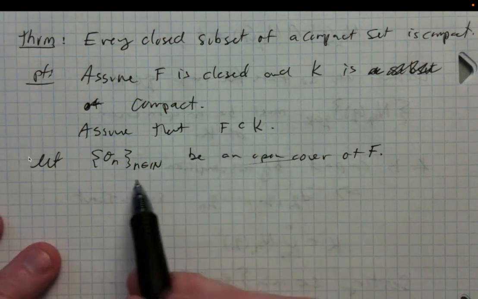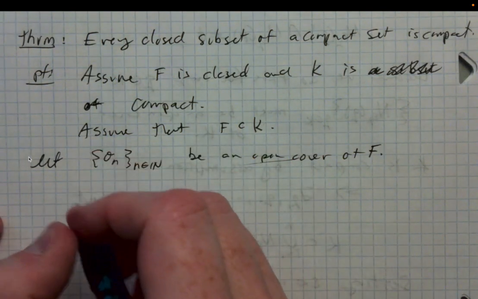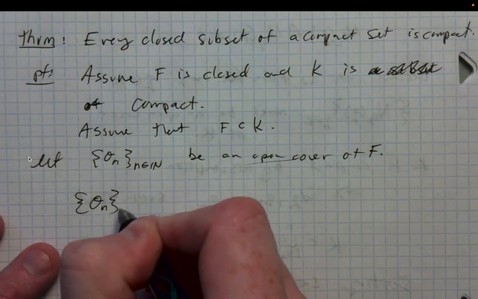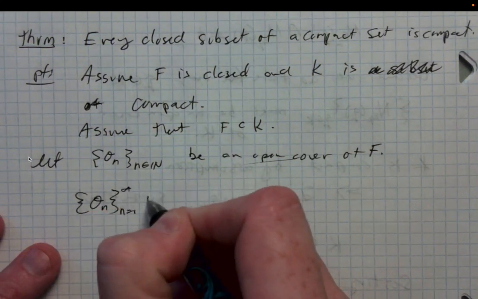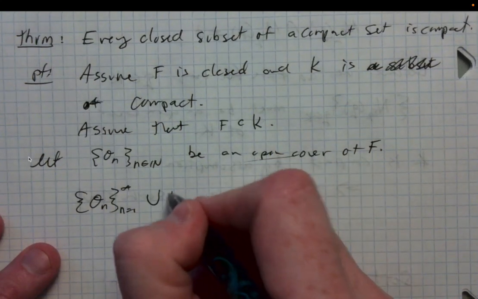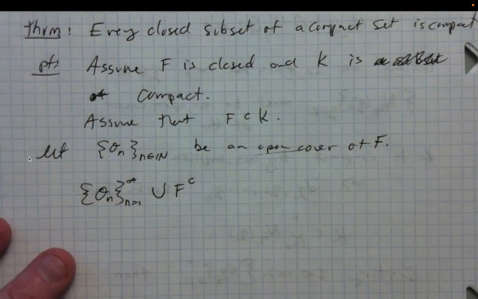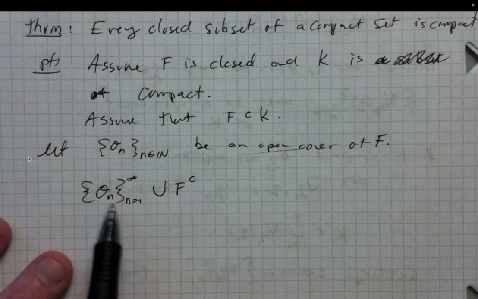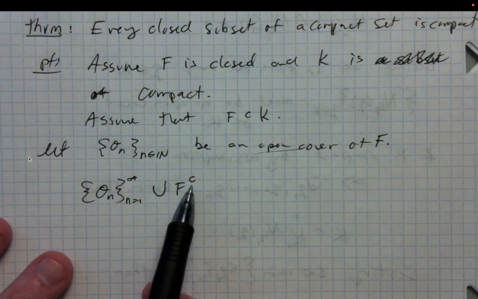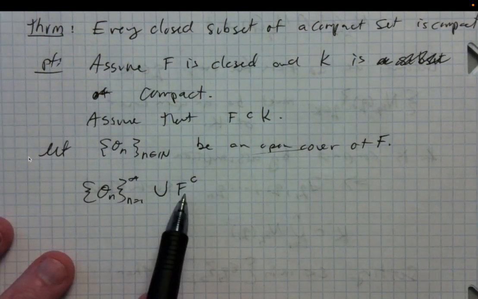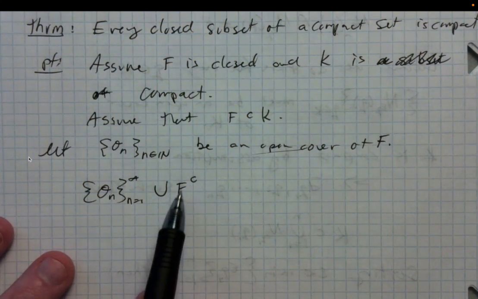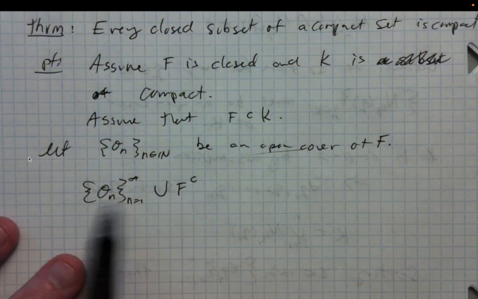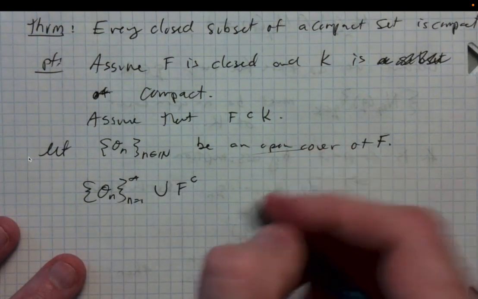So then what we can do is take the union of all of these O sub n, n equals 1 to infinity, and union that with F complement. F is closed, so F complement is open. So this is a union of open subsets, and this is going to be an open cover of the whole thing.